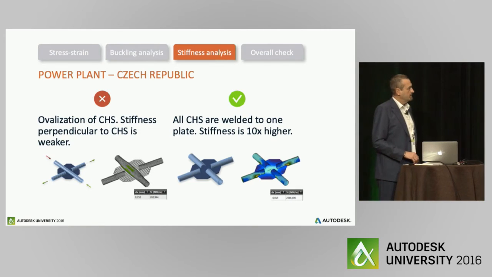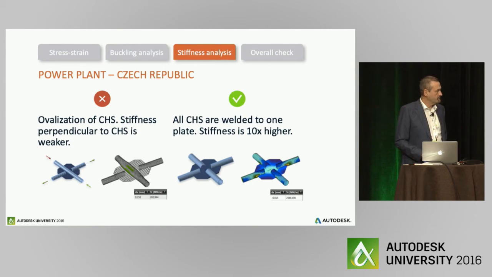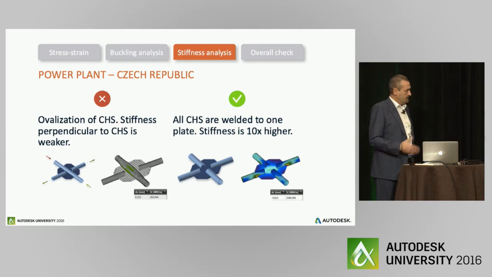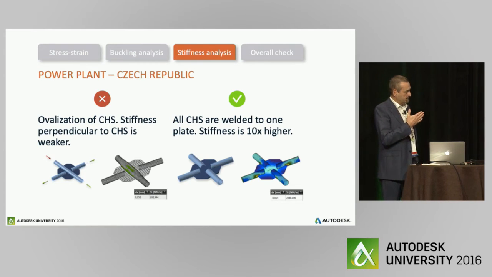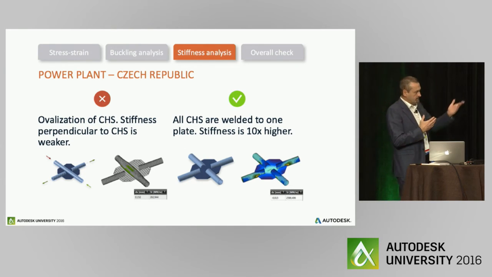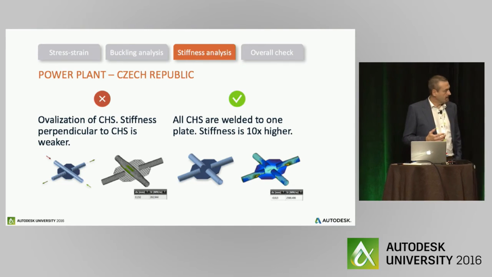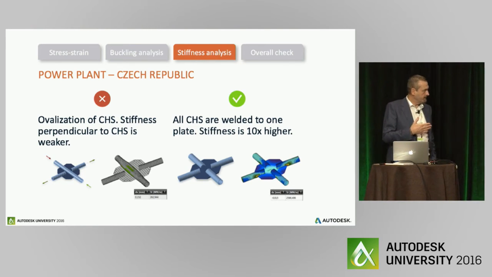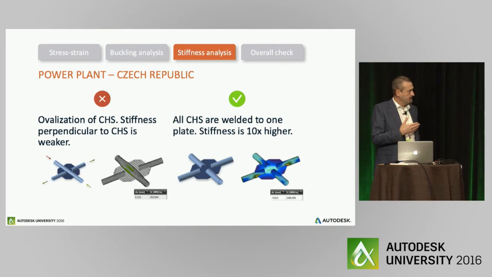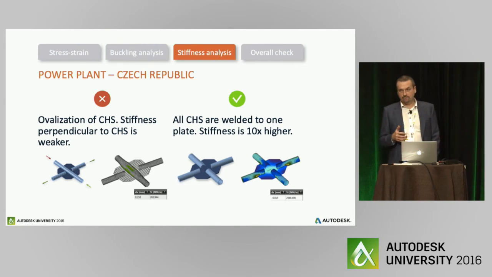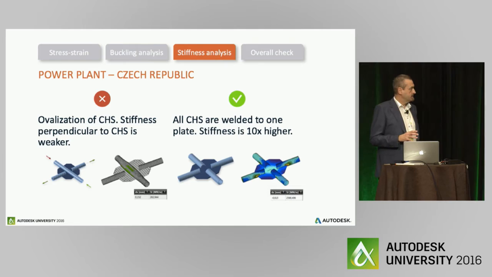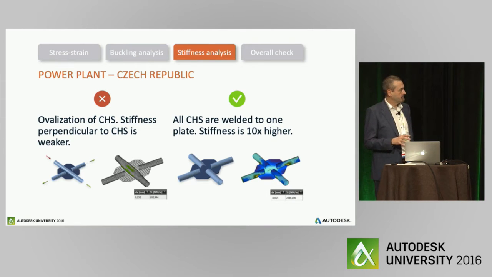This example is about stiffness of the joint. Again, it is the crossing of diagonals of bracing, and it was done in this way. And when we calculate it, you can see that it is designed properly from the point of view of stress and strain, but not from the point of view of stiffness of the connection.